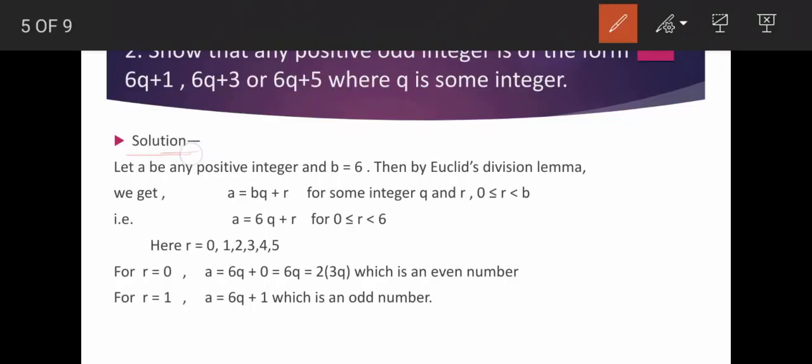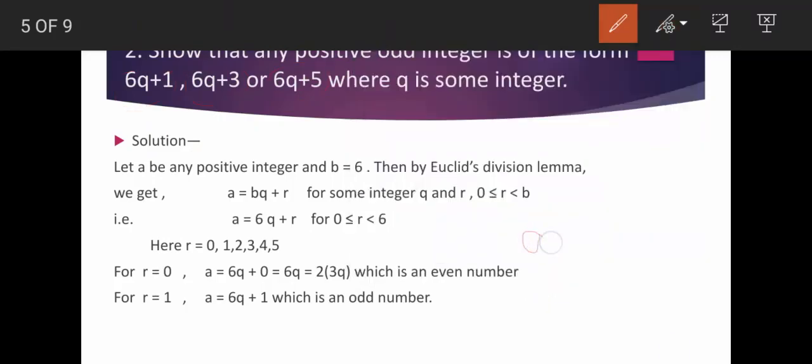So, in this case, we consider any positive integer a. Suppose a is any positive integer, and along with this we consider another integer b, because in this case certain things can be observed. 6q plus 1, 6q plus 3, 6q plus 5, these are certain formats.